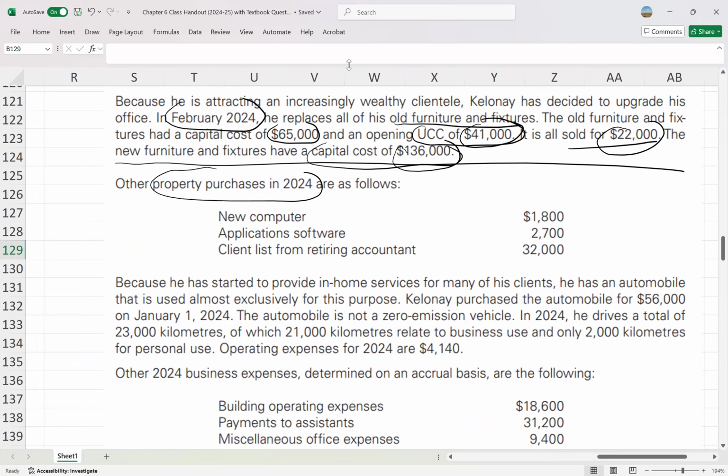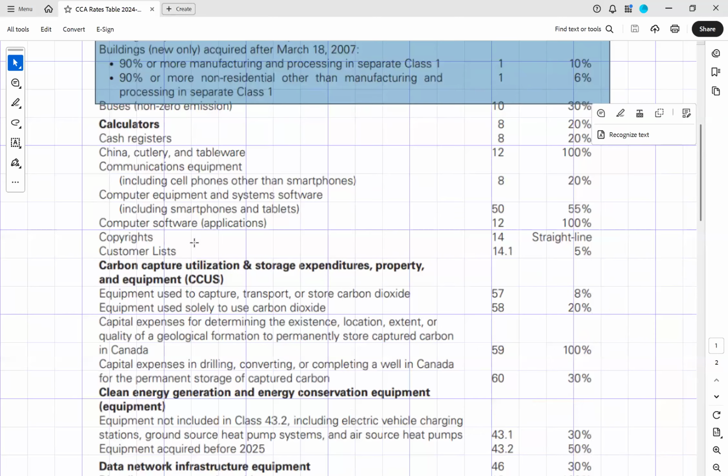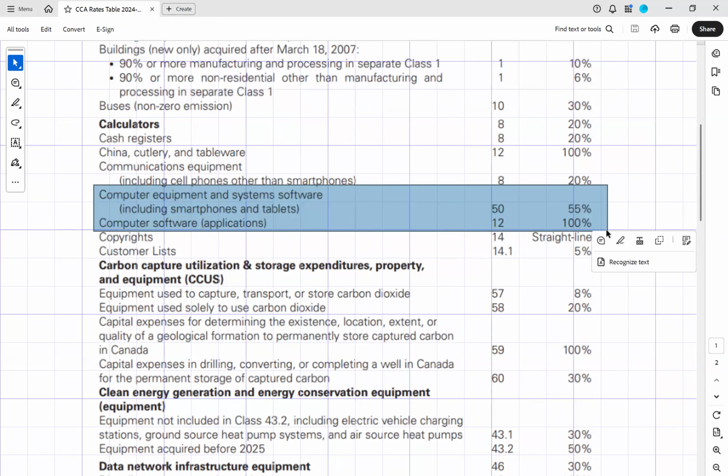So let me just bring up the CCA rates table again. And let's go to C for computer. We have computer equipment and system software, class 50, 55%. Computer software application, class 12, 100%.